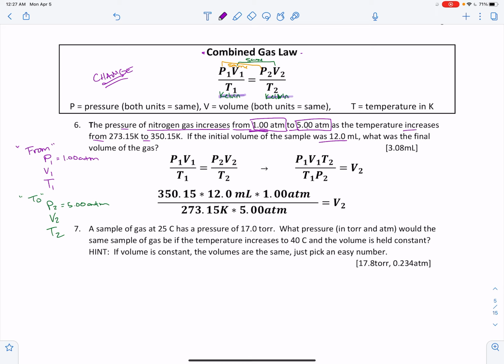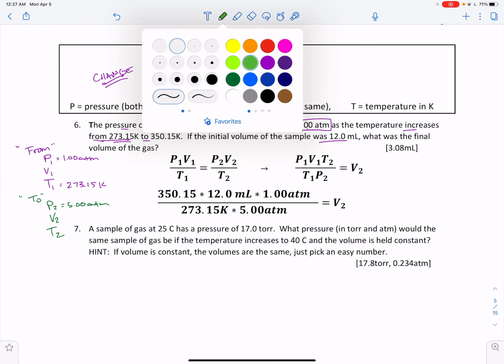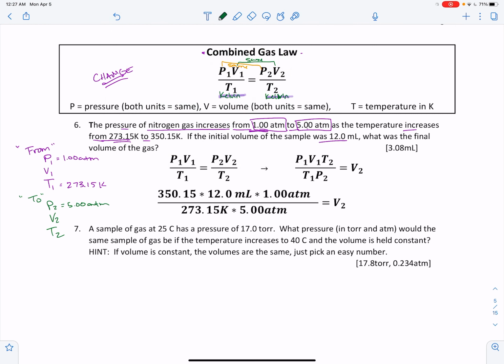Temperature increases from, so that's my first temperature. Notice that it is the correct unit. A lot of times I put temperature at the bottom as a special cue to myself that I almost always have to make sure that temperature is correct. Second temperature is 350.15 Kelvin. You probably want to write it a little neater than that. And then the last, the initial volume.